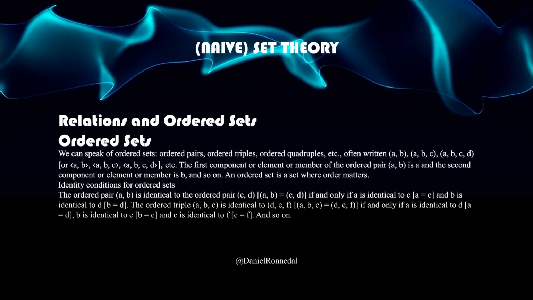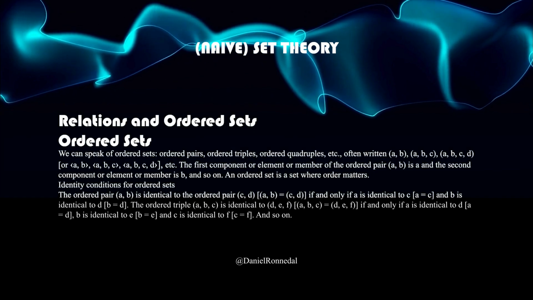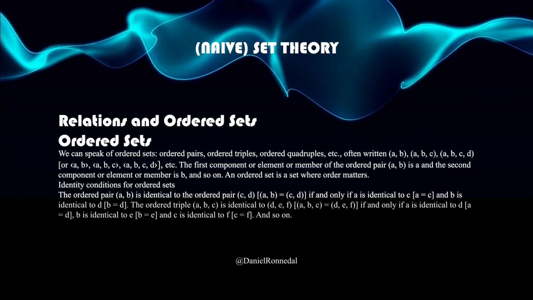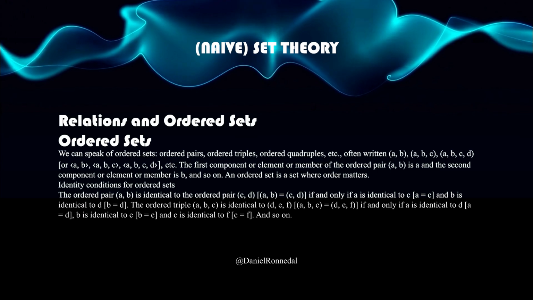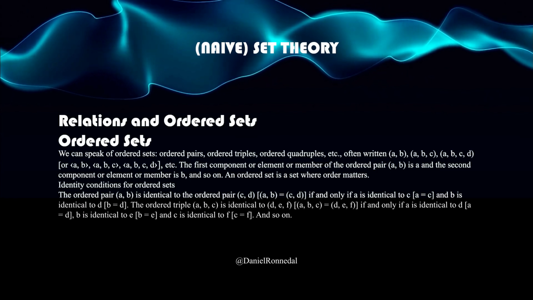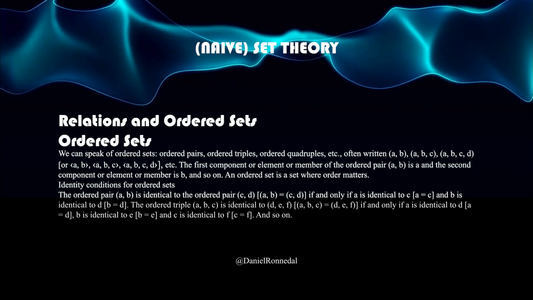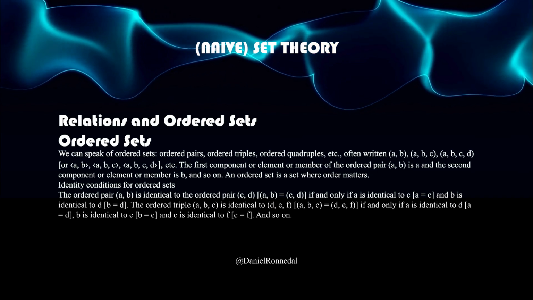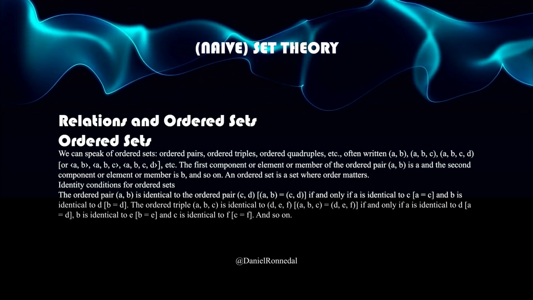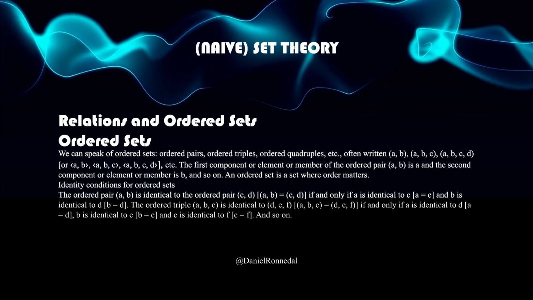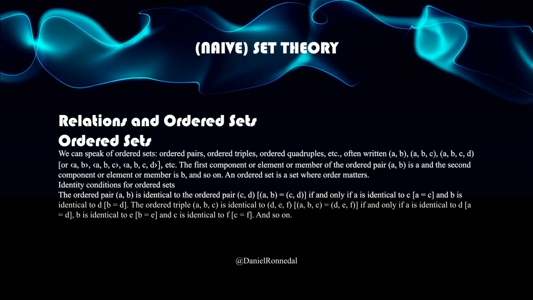We can speak of ordered sets, ordered pairs, ordered triples, ordered quadruples, etc., often written (A, B), (A, B, C), (A, B, C, D), etc. The first component or element or member of the ordered pair (A, B) is A, and the second component or element or member is B, and so on. An ordered set is a set where order matters.